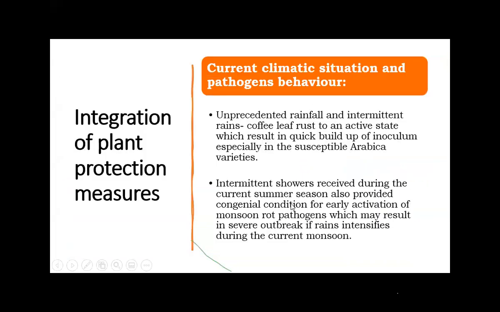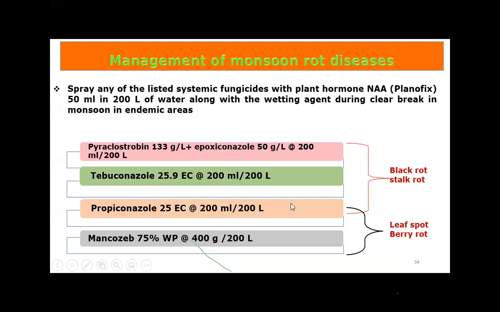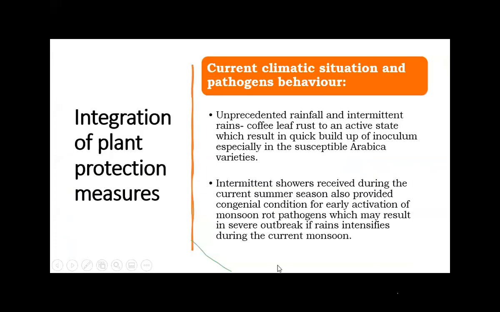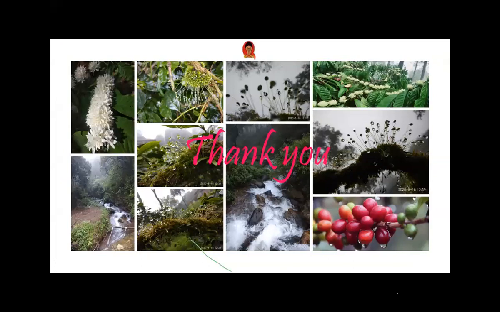And of course, Opera is effective for all the monsoon rot diseases, as well as coffee leaf rust too. That's about coffee leaf rust as well as the monsoon rot diseases. Thank you.